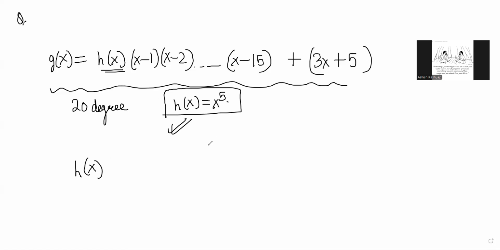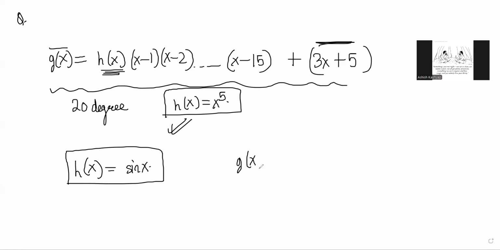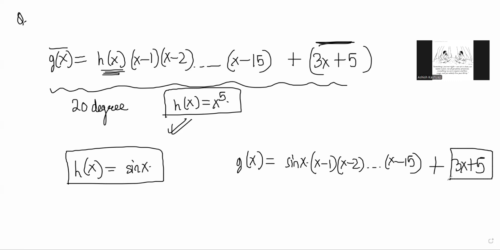But if I put h of x as sine x, G could be sine x also. It will still satisfy all the values. Where I'm saying G of x is basically sine x times x minus 1, x minus 2, till x minus 15, plus 3x plus 5. So 3x plus 5 ensures that all the values are fitting.